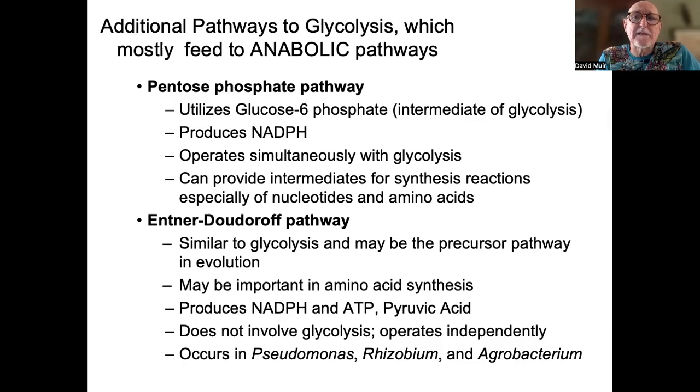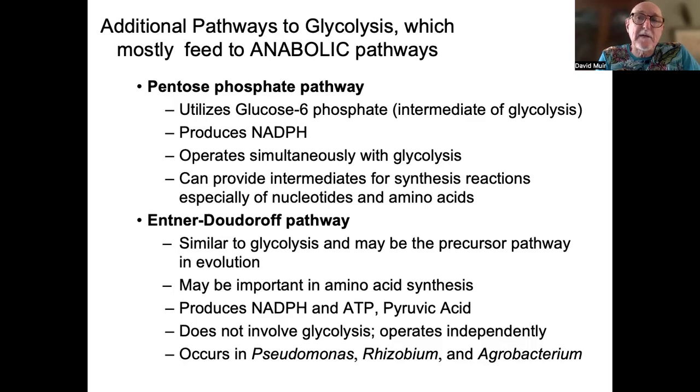Some of these pathways, in fact, we think were the original pathways, which then evolved to glycolysis. But quite apart from that, these pathways, the best known of which are the pentose phosphate pathway and the Entner-Doudoroff pathway, are extremely useful to the cell because they produce many precursors for other metabolic pathways.